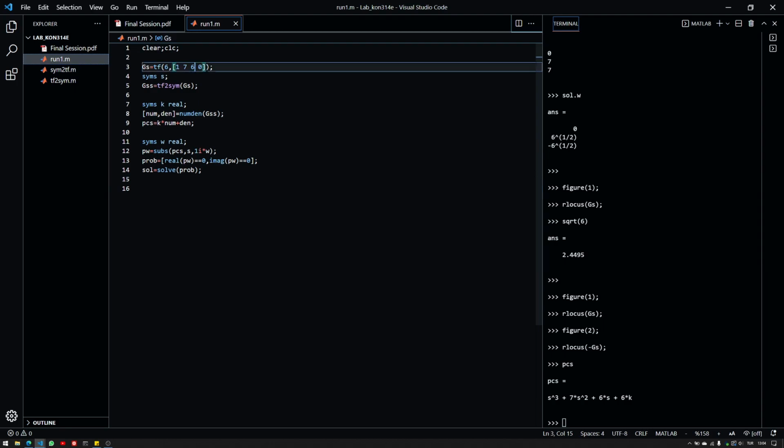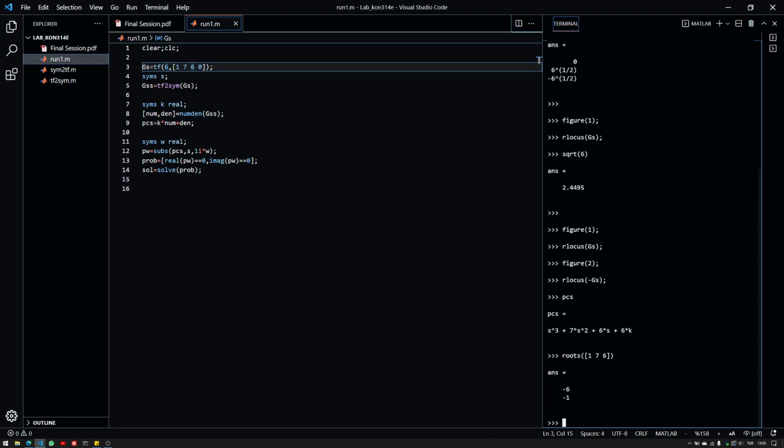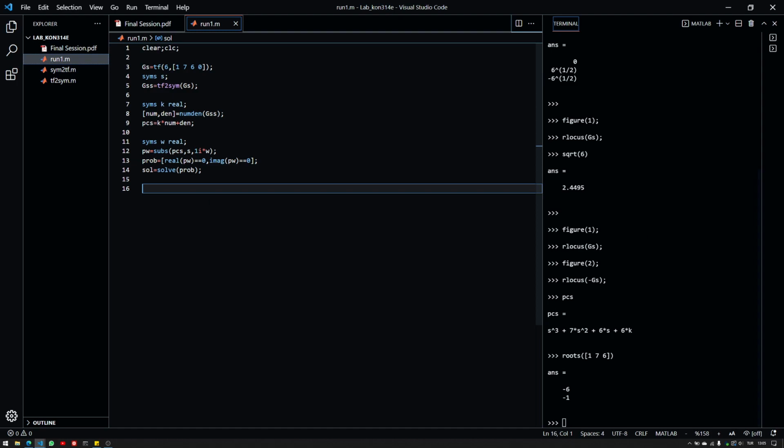So since we have the following roots, we have one root at -1, and the other one is at -6. And then the other one would be at 0.